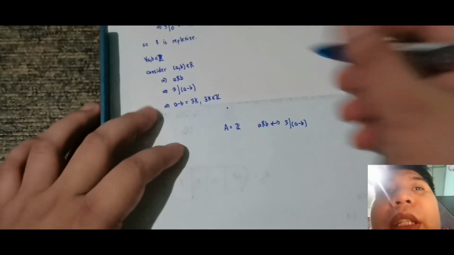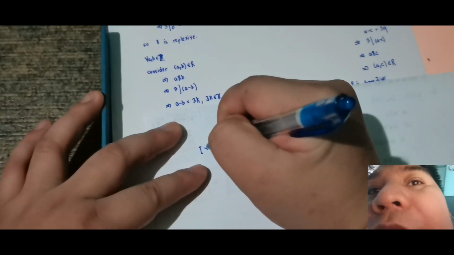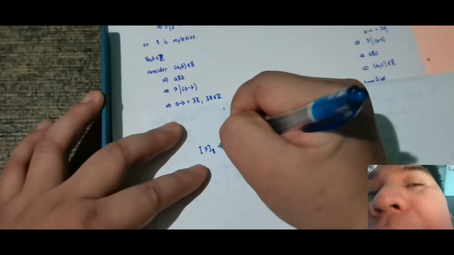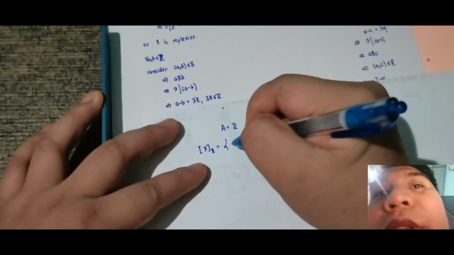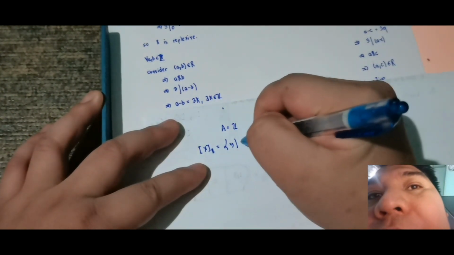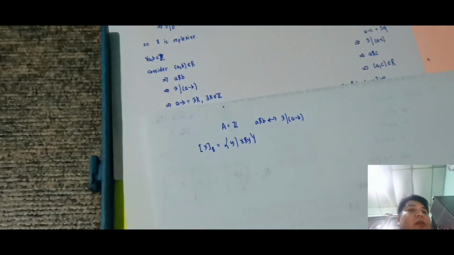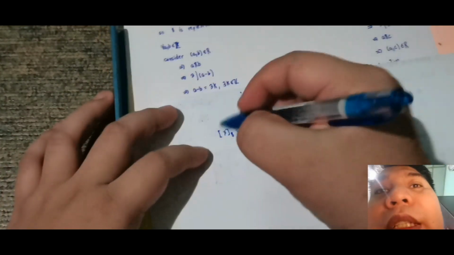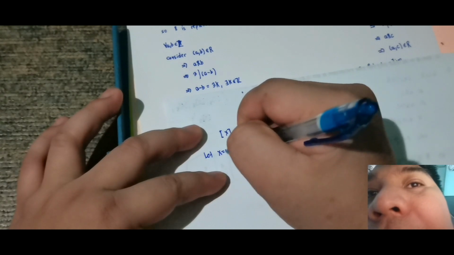So una, start ako sa 0. Diba ito yung distinct equivalence classes. Sabi, the class of X is equal to the set of Y such that X is related to Y. Yun kasi yung ibig sabihin. So, kunin natin, let X is equal to 0.